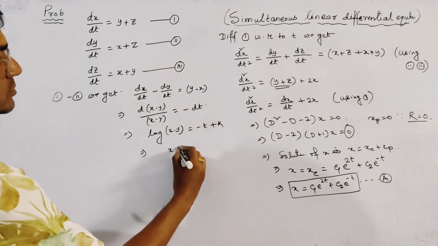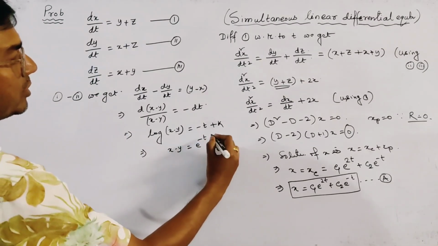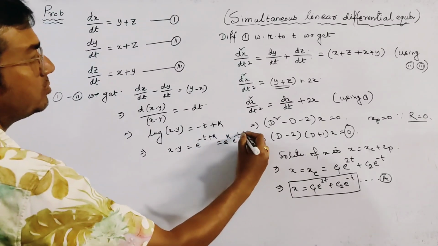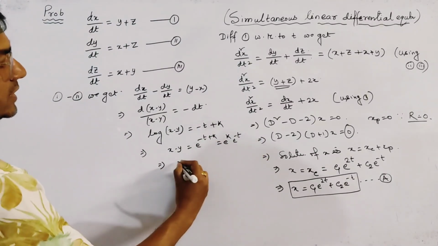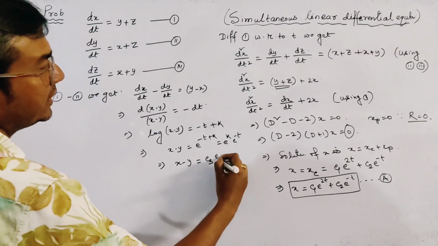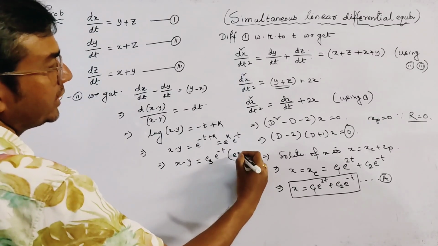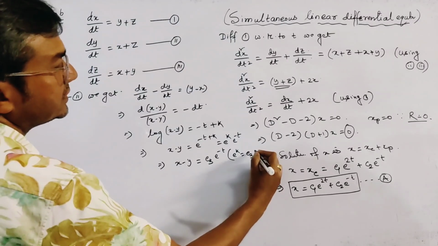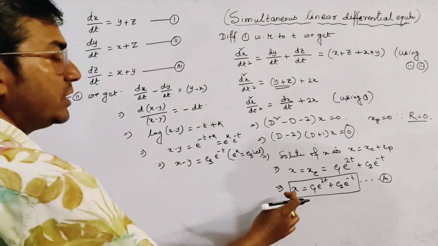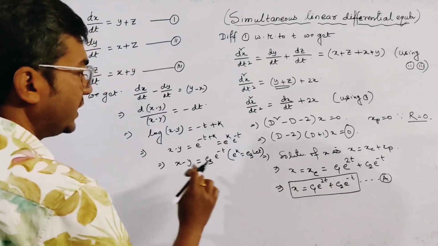Now x minus y is e to the power (minus t plus k), which is e^k into e^(-t), and this gives x minus y equal to c3 e^(-t), where e^k is c3. Now we put the value of x here.